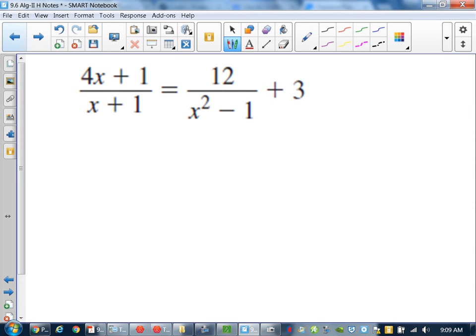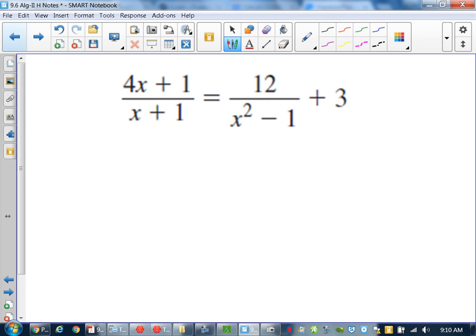Which means I probably need to factor one of my denominators to figure out what my common denominator will wind up being. So the x squared minus 1 is a difference of squares. That's not terrible. X plus 1, x minus 1. So can I just go ahead and say that I need to multiply everything by x minus 1, x plus 1? Because that's what would be the common denominator here.